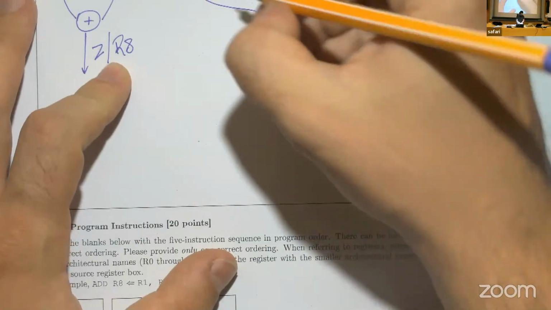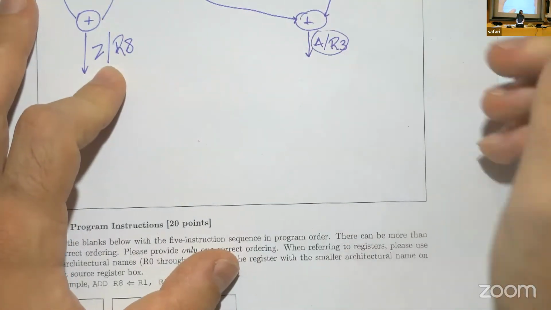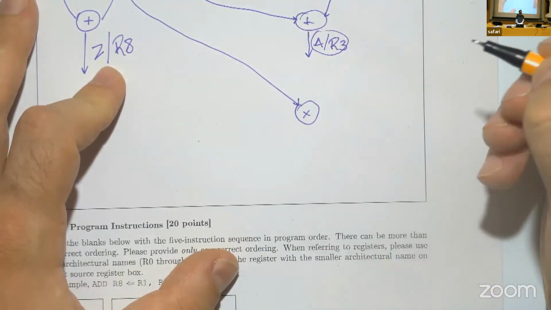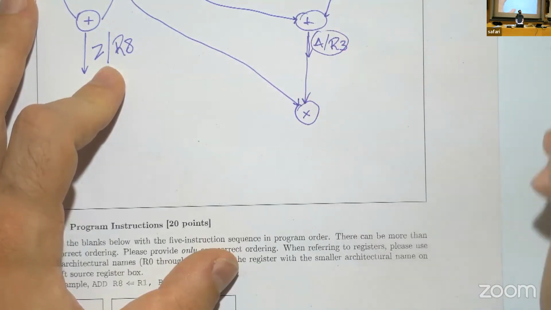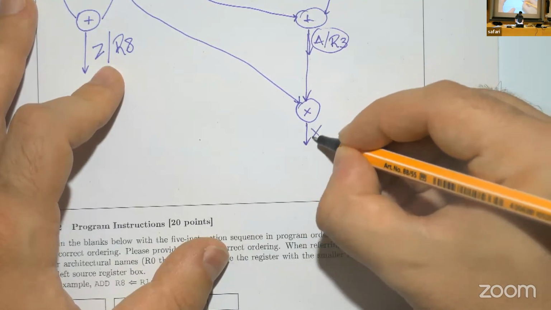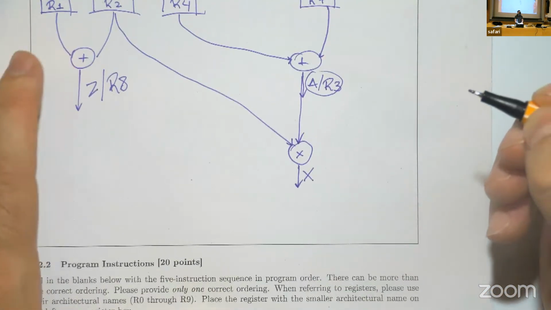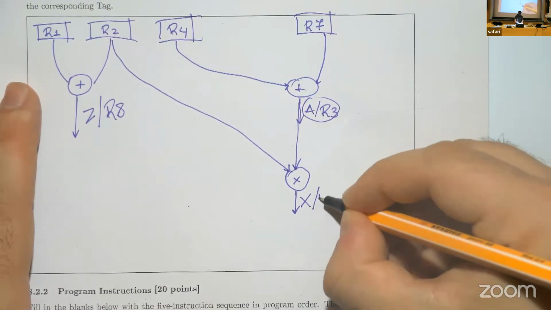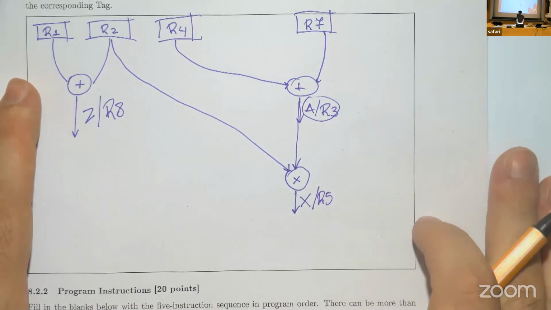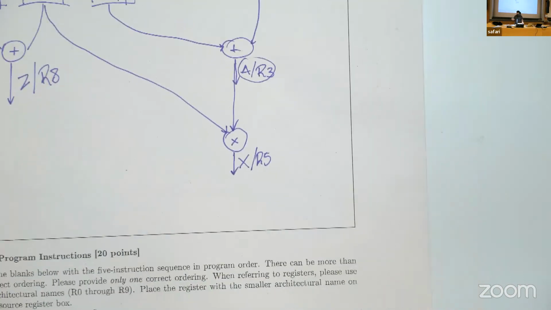So this is done before everything, right? And we take R2, multiply it with what? With R3. And as a result, what do we have? Tag X, which is the tag of R5, and the destination register, which is R5. Is that clear? Okay. Then you go and check the next ones.